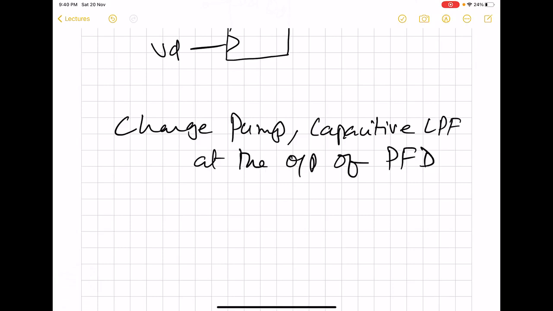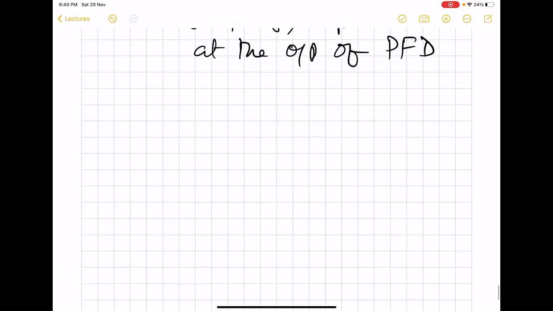So these two additional elements are cascaded at the output of PFD to find out the voltage which will be fed to VCO. So we have here our PFD.